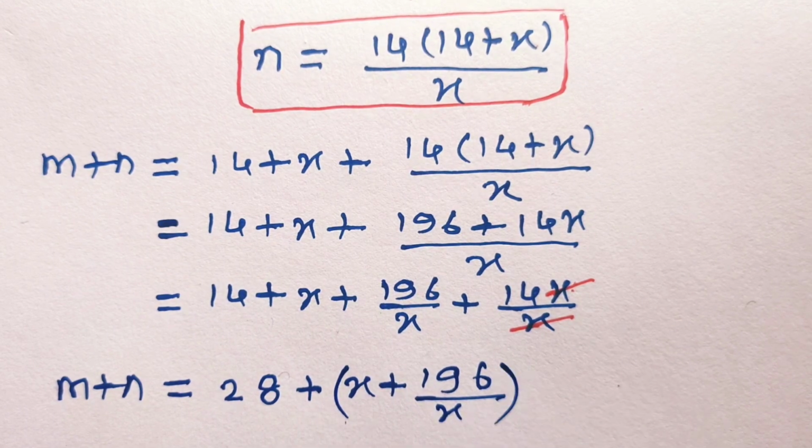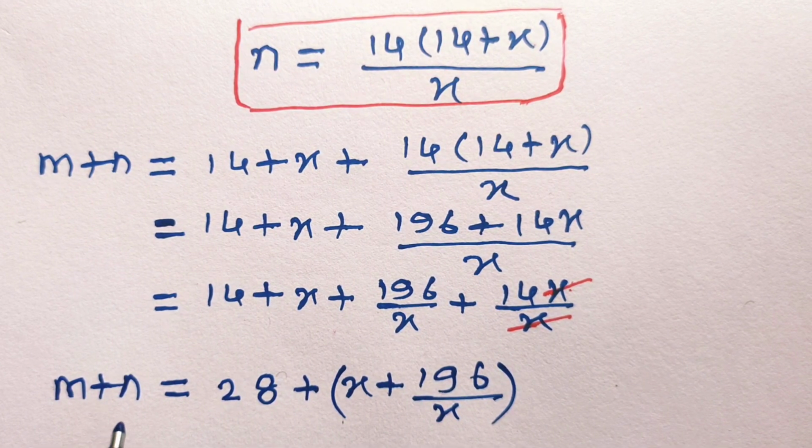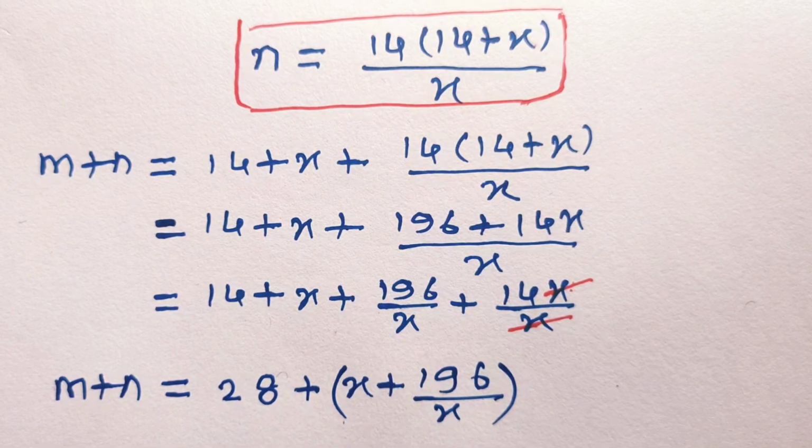Keep this in bracket. Since given expression is symmetric, hence we can write x plus 196 divided by x is equal to also 28.